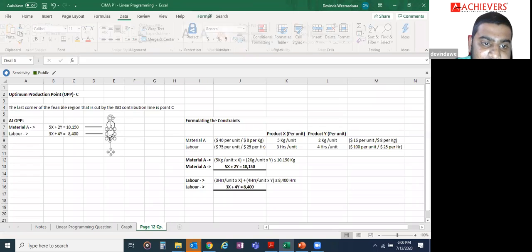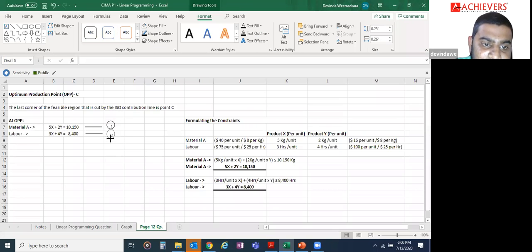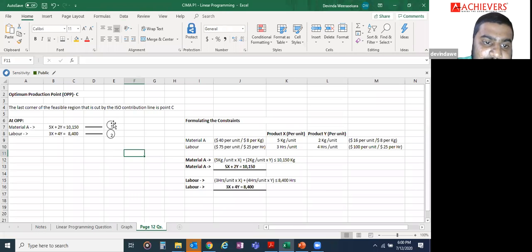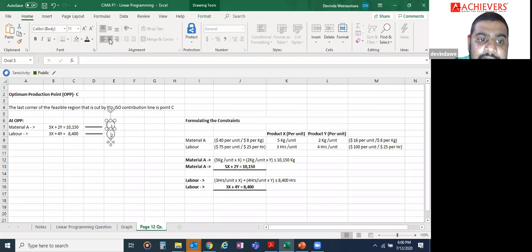Okay, equation 1 and equation 2. Now you have to solve these two equations in order to get the answers for product X and product Y. To get the optimal production point, you have to solve this.